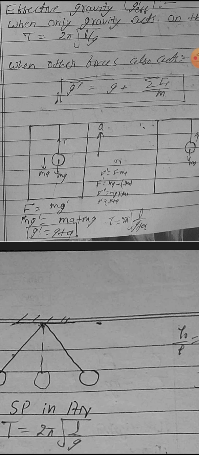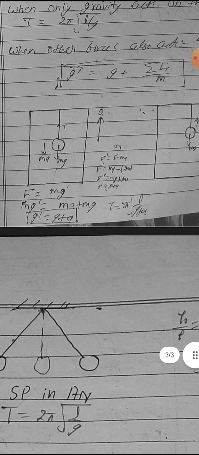Net, this body is going upward, this lift is going upward with acceleration a. So you have to apply a force ma on this body in the opposite direction in which this lift is going to get the correct answer. That is the concept of pseudo force.